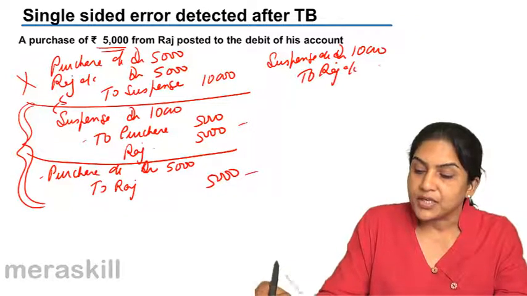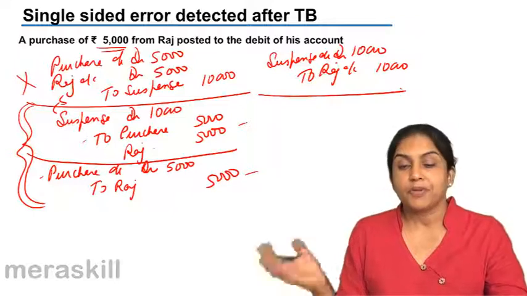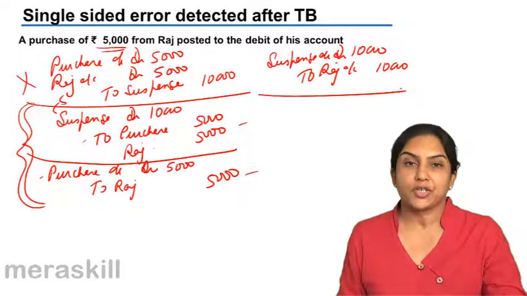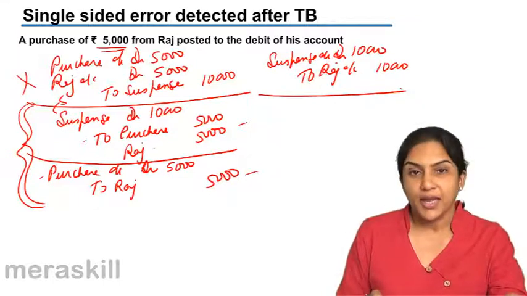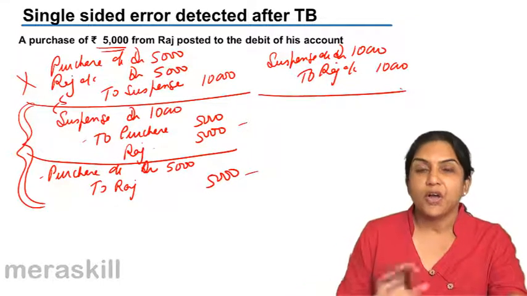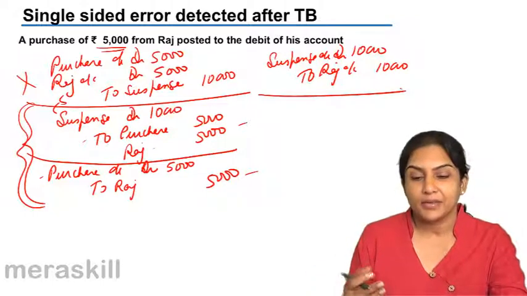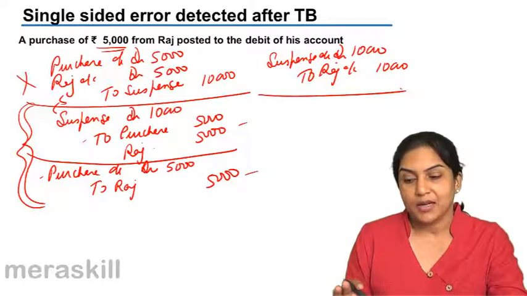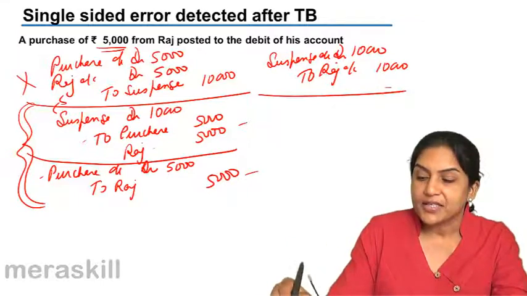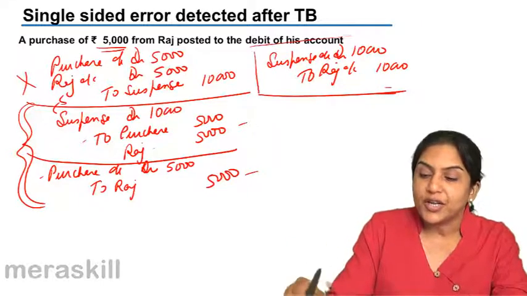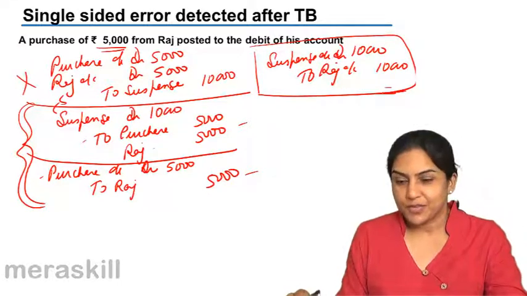Therefore, to Raj's account 10,000. Before detection by trial balance, before the suspense account was created, when we found the error, we went to Raj's account and on the credit side wrote "by error in posting 10,000." It's the same thing. We are crediting Raj's account but through a journal entry involving the suspense account.